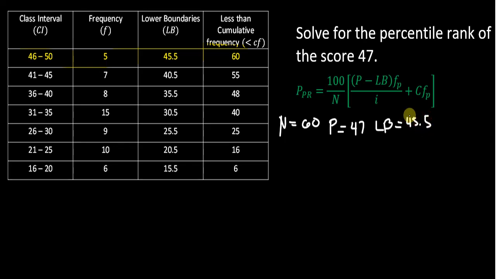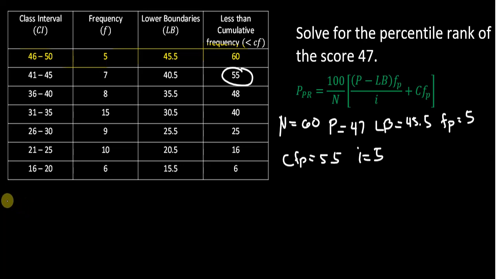The next, ito, FP, that is equal to 5, yung frequency. Then, cumulative frequency of P, that is 55, ito yun, yung nasa baba niya. Then, yung class interval natin, hindi nagbabago, 5 pa rin yun. Okay, so proceed na tayo sa formula.